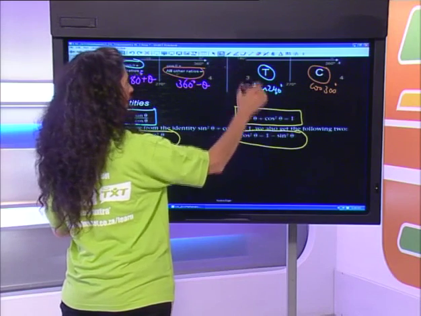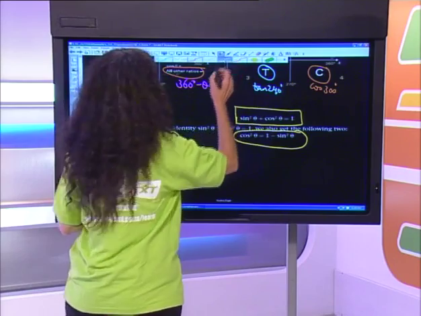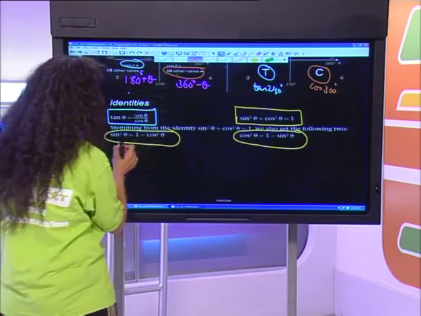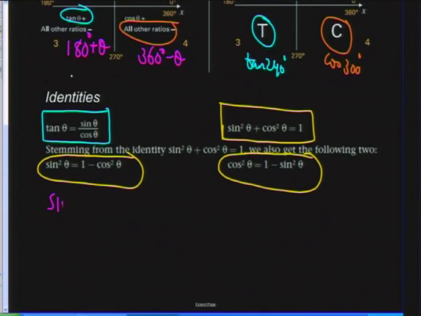This one's got no factors. But we now need to insert something here that's very important, and that is that sine squared theta is equal to the product of 1 minus cos theta multiplied by 1 plus cos theta. It is the factors of the difference of squares.